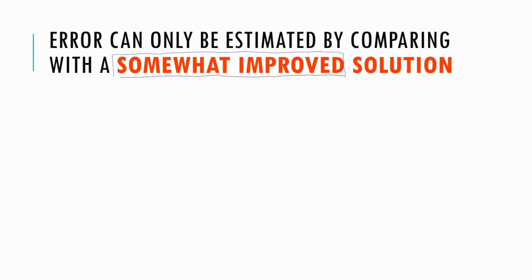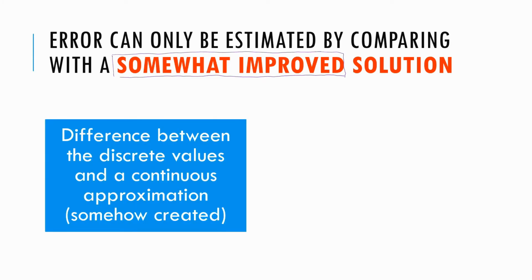So here are two of the common ways to get somewhat improved solution. First is the difference between discrete values that we get from doing finite element solution and a continuous approximation somehow created. So we'll see how we can create it. So we get a discrete value, and we kind of say that the real solution cannot be discrete.